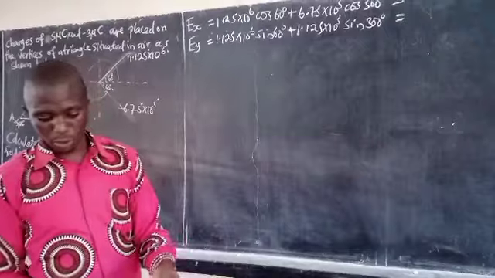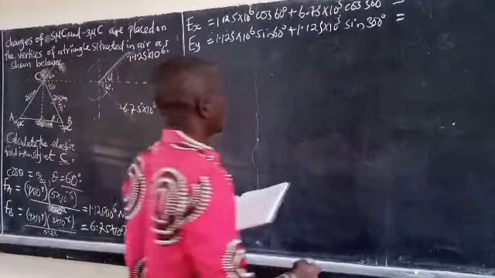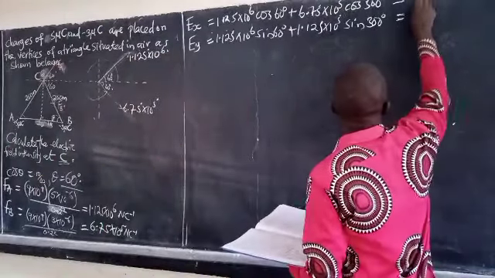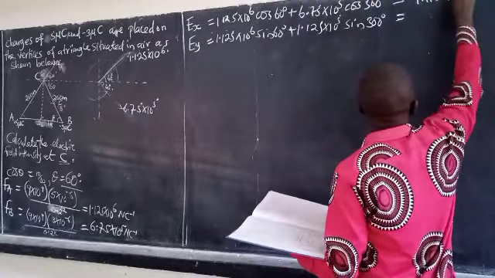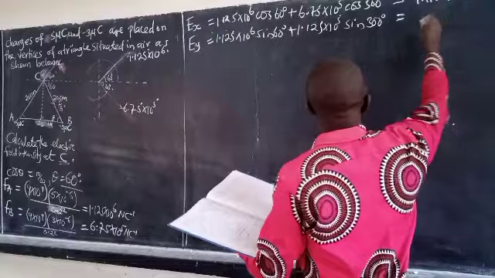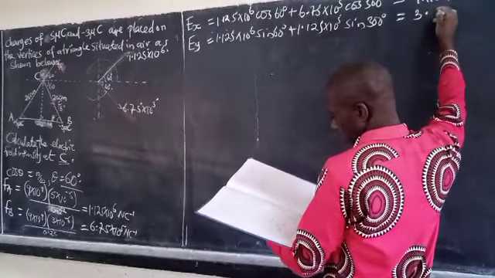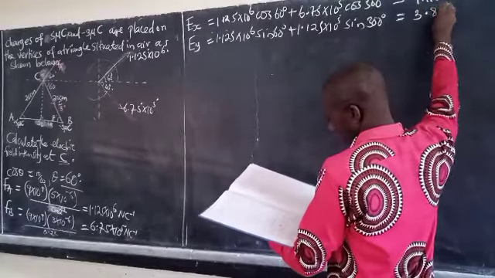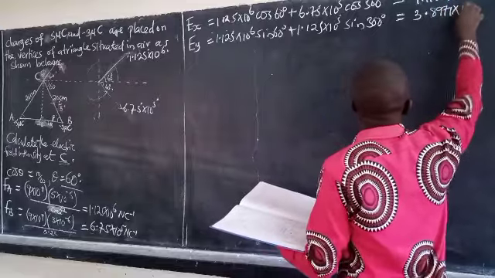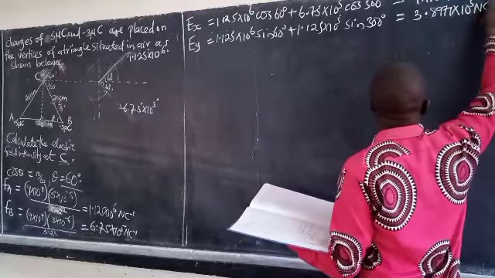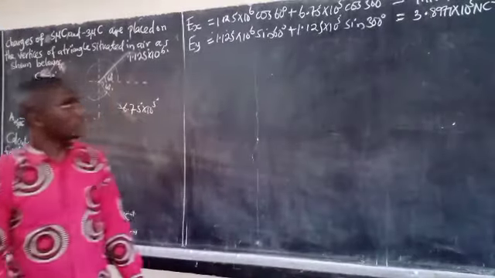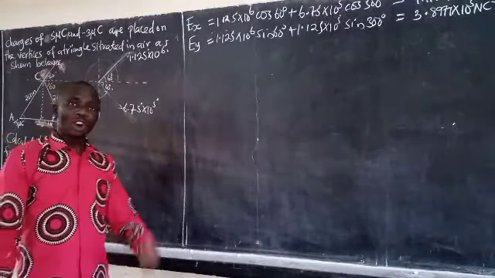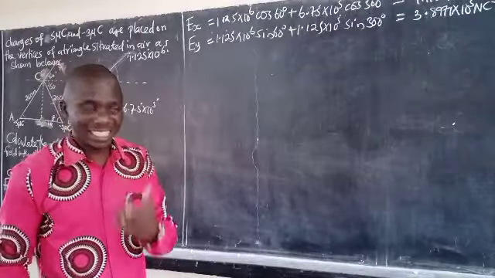When you do those on the calculator, this one should give you 9 exponent 5 Newton per Coulomb, and this one should give you 3.8971 exponent 5 Newton per Coulomb. So we have now got the vertical and the horizontal components of the electric field intensity.